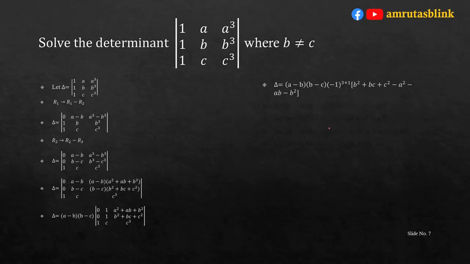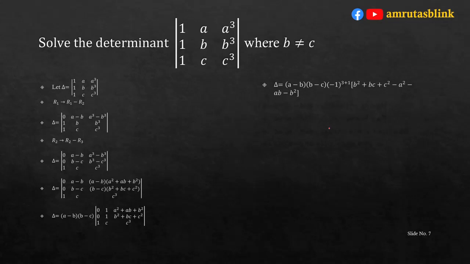So, delta is equal to (a minus b) into (b minus c) into, now we will expand this along column 1. So, directly we can have minus 1 raised to 3 plus 1 into b² plus bc plus c² minus a² plus ab plus b².